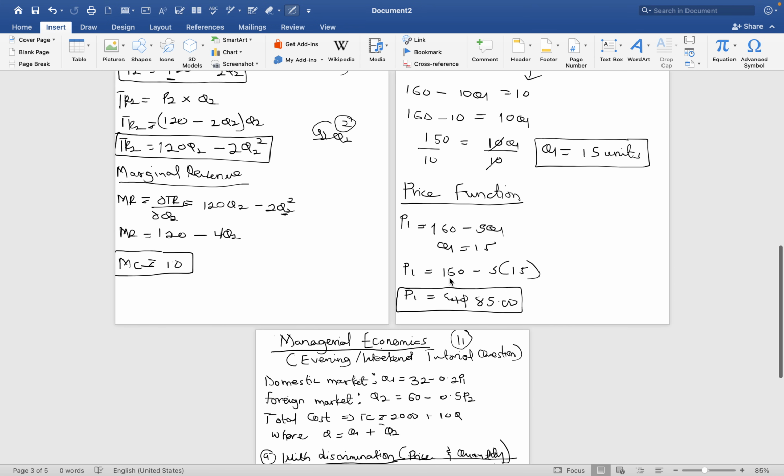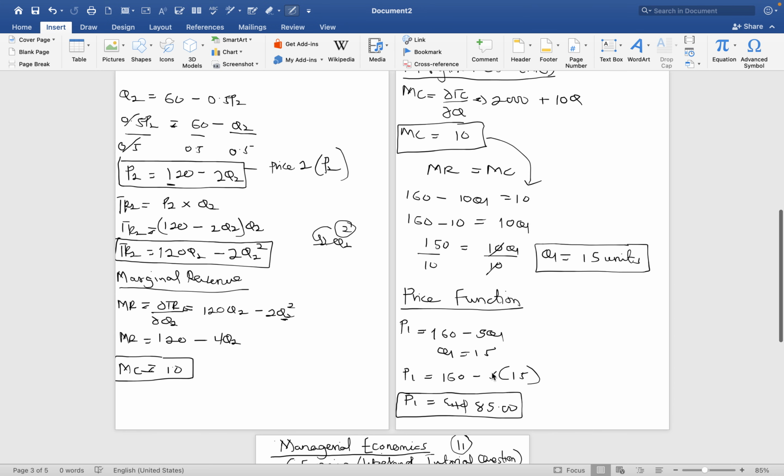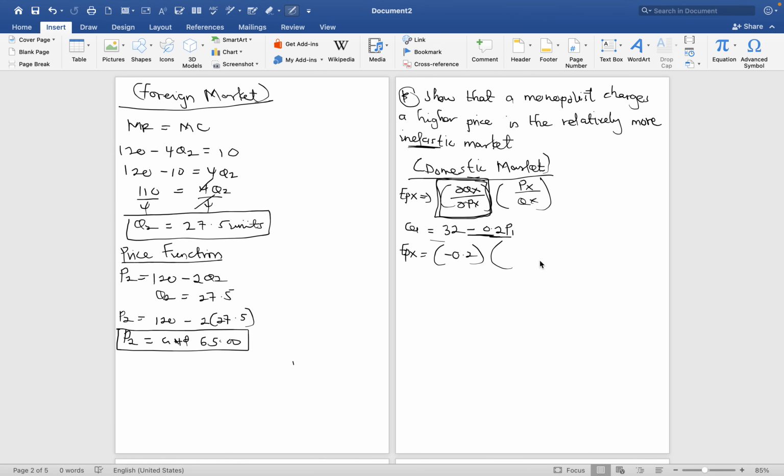Price 85, quantity 15. So we use the calculator: minus 0.2 times 85 divided by 15 would give us minus 1.13.